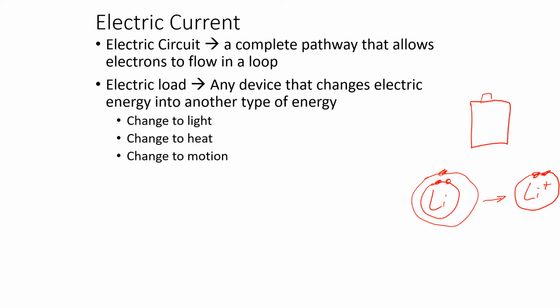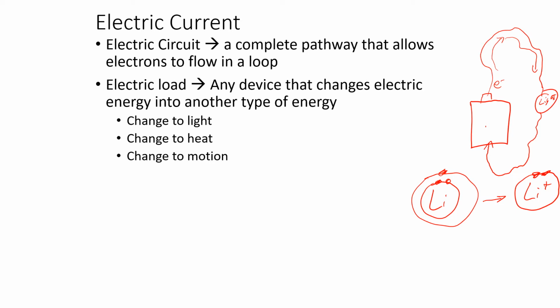So if we can make that lithium lose that 1 electron and make it travel through a wire, it might turn on a light bulb. Okay, so here's our light. But it still needs to go through that wire and react with that other chemical that's inside the battery, or in other words, the cell.